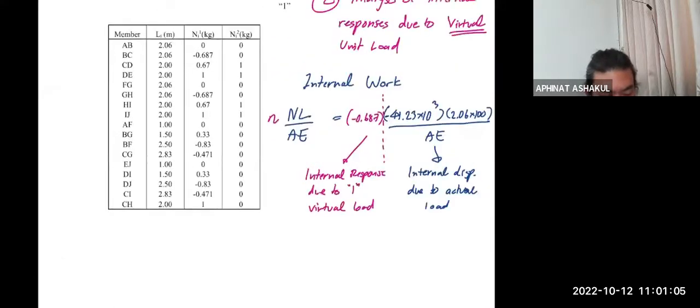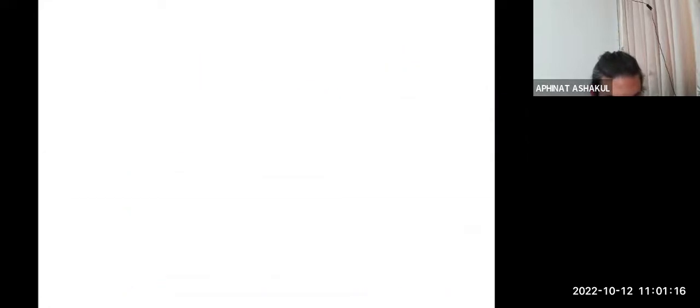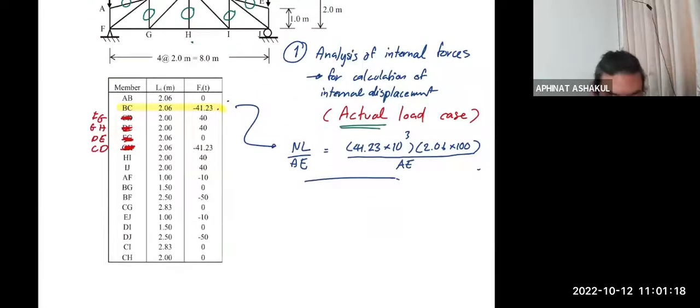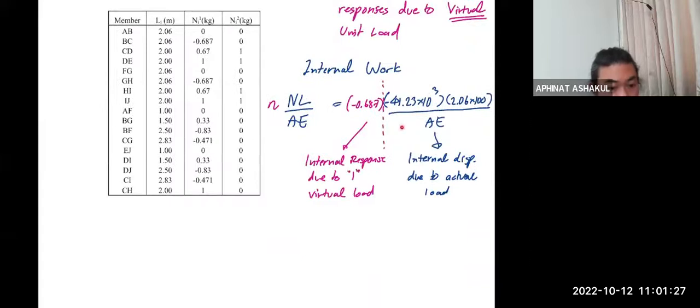Anyway, so after we do this, I separate the two tables. So this is basically the table for the internal response due to the virtual load. This is the table for the response for the actual load. Okay, and you can notice from this calculation, or this formula here, that you need to sum up every member in the system.